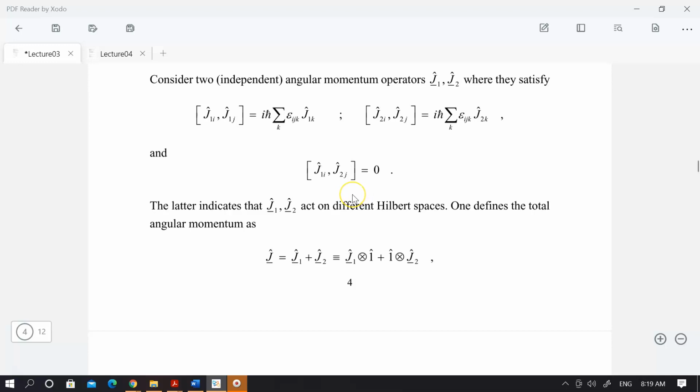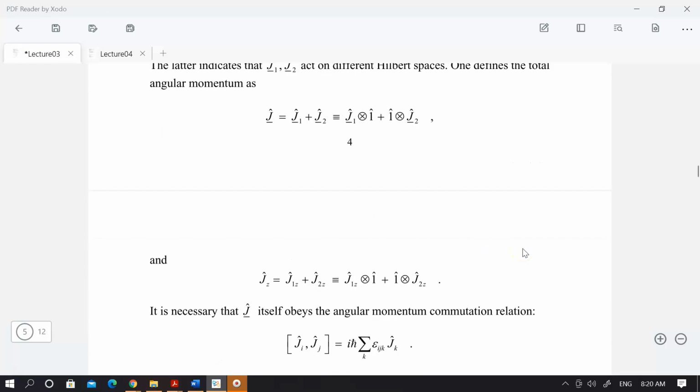Just like before in the case of spin, your total angular momentum is given by J1 tensor product the identity operator, plus the identity operator tensor product J2. As we mentioned before, this relation also holds for the components.